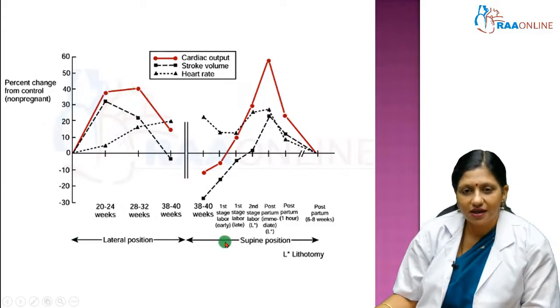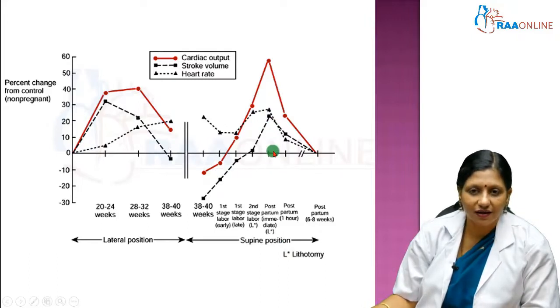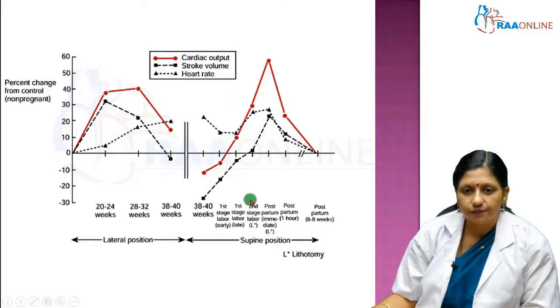In a person who is lying supine, there are different readings, because in the supine position the gravid uterus presses upon the inferior vena cava, the end diastolic volume is less, and so the cardiac output is less. So in the supine position, the patient has these changes in the cardiac output and the stroke volume.